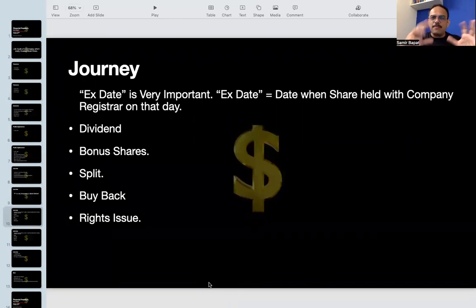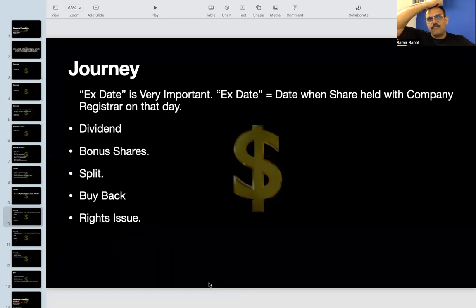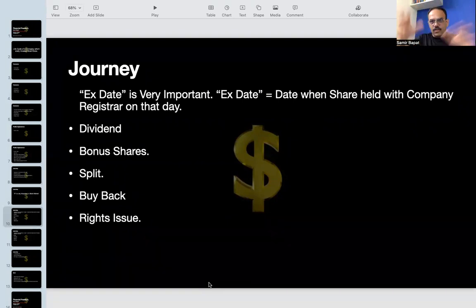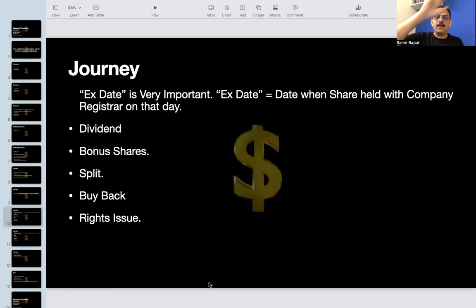Now, bonus shares. What happens is the company has made a profit. Instead of giving a dividend, they say, okay, let's give bonus shares. Bonus shares are nothing but the amount shifting, for accounting purposes, from the profit account to the shareholders' money. That is the change they make, and they will give the bonus. So a company can give a dividend or it can give bonus shares.